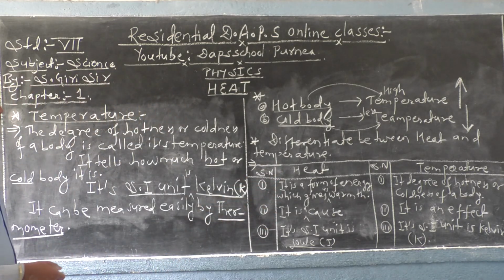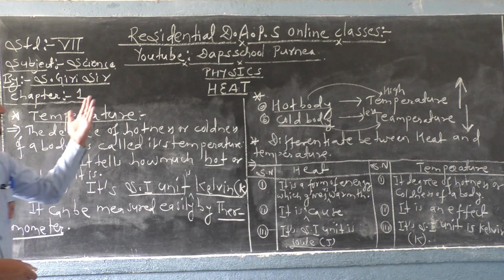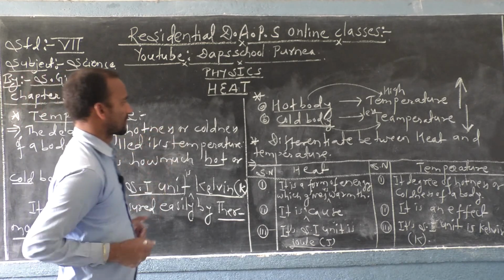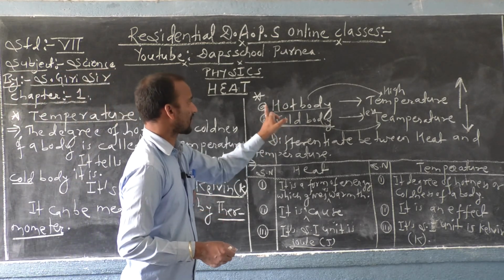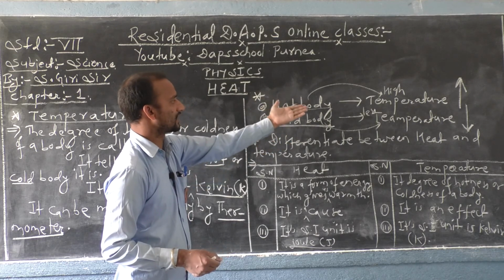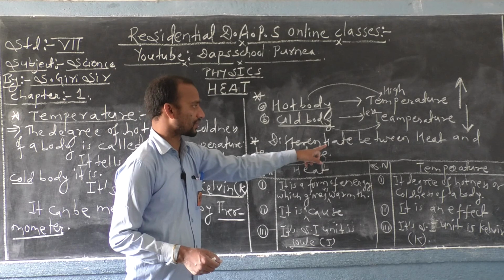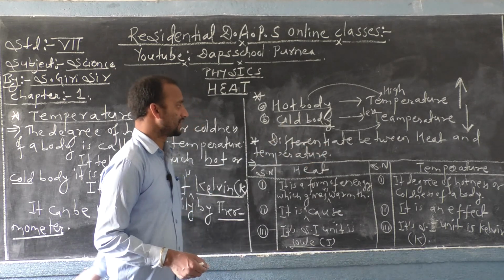What is heat energy, what is temperature, how to measure them, what is the SI unit of heat and temperature, what is a hot body and what is a cold body, and what are their differences. You can even mention the difference between the hot body and the cold body regarding heat energy and temperature, and how to differentiate between these two physical quantities.